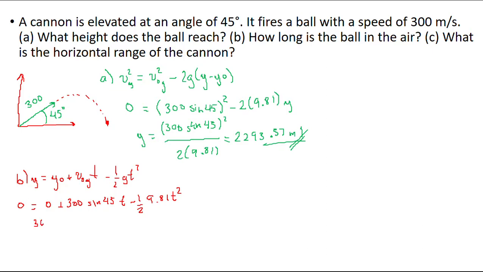If I separate this part, I get 300 sine of 45 t is going to be equal to a half of 9.81 of these parentheses times t squared. This t squared can go away with this t. So if I solve for t, I'm just going to be left with this t.